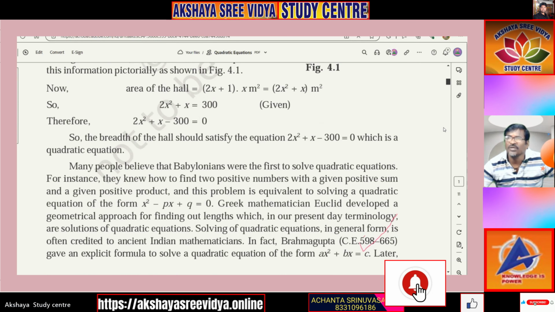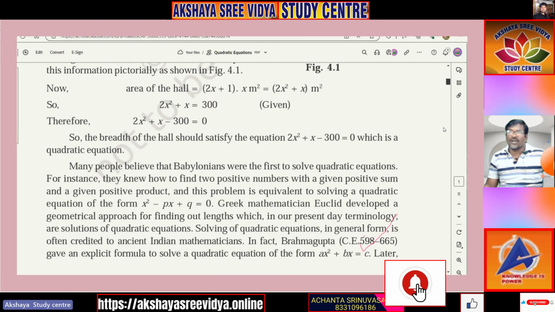Solving a quadratic equation in general form is often credited to ancient Indian mathematicians. In fact, Brahmagupta, century 598 to 665, gave an explicit formula to solve a quadratic equation of the form ax squared plus bx equal to c.